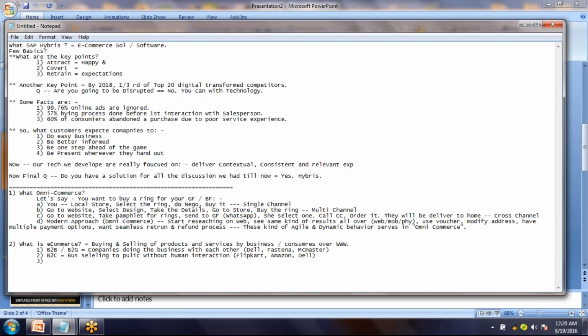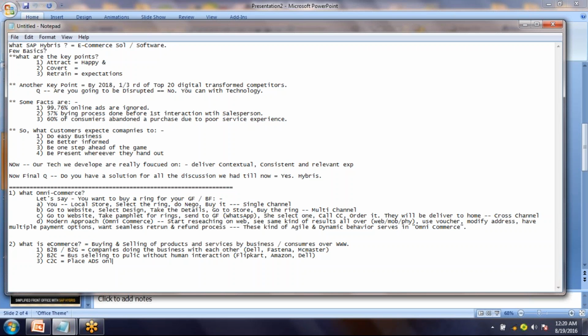The next thing is C2C e-commerce. So what is happening in C2C? Consumer to consumer. You place ads. The best example is OLX.com. What do we do in OLX.com?